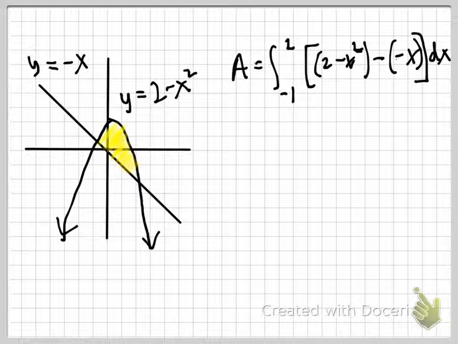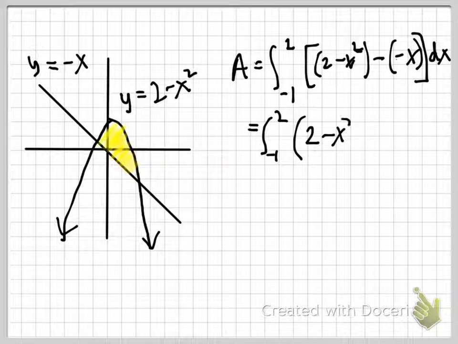Now, before we integrate, we can simplify. So we have the integral from -1 to 2 of the whole function, 2 minus x squared plus x dx.